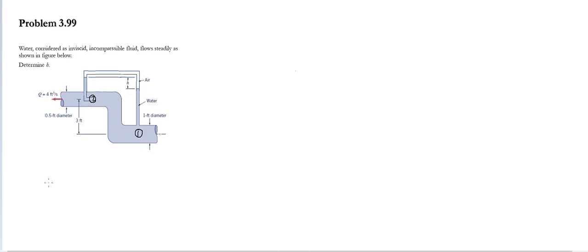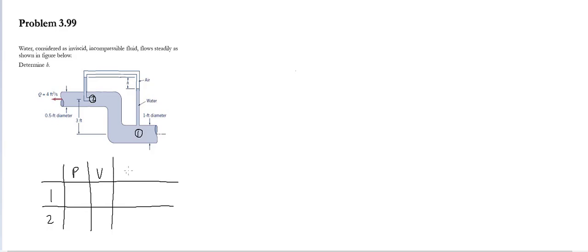And then we're going to make a table that has the information for each one of the points. So we have point 1 and point 2, and we have pressure, velocity, elevation, and area. Okay, we're going to use different labels. So we're going to take this one to have a diameter D, and this one we're going to have lowercase d.